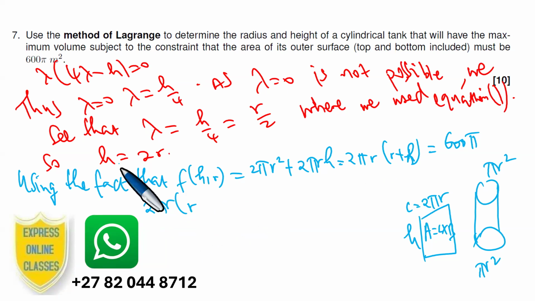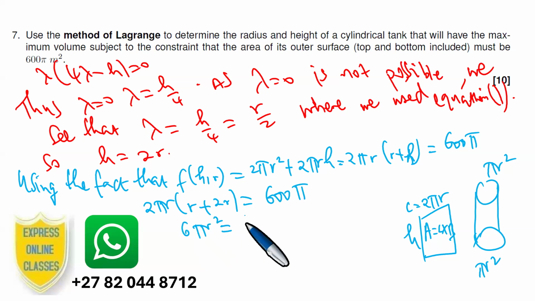But now you know that wherever there's h, you can put 2r into this, which means you have 2 pi r times r plus 2r, which equals 600 pi. We multiply everything here. So r plus 2r is 3r. But 2 times 3 is 6 pi r squared, which is equal to 600 pi.